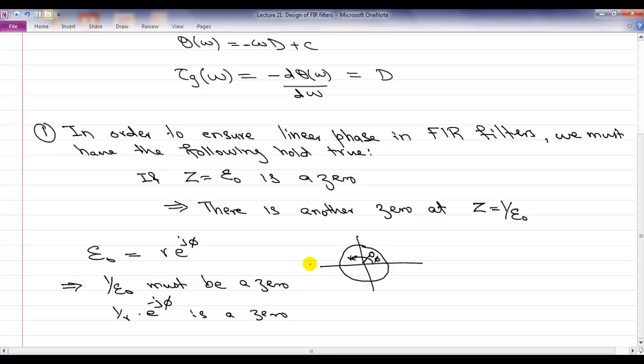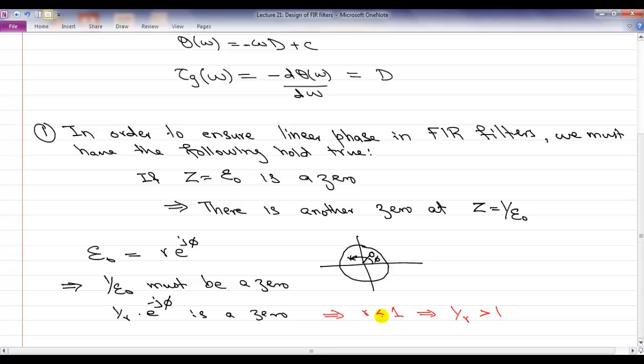So if you have a zero inside the unit circle, which means its distance is less than 1, and you take 1 over that, where will be the new zero? So if my r is less than 1, r less than 1 implies 1 over r is bigger than 1.